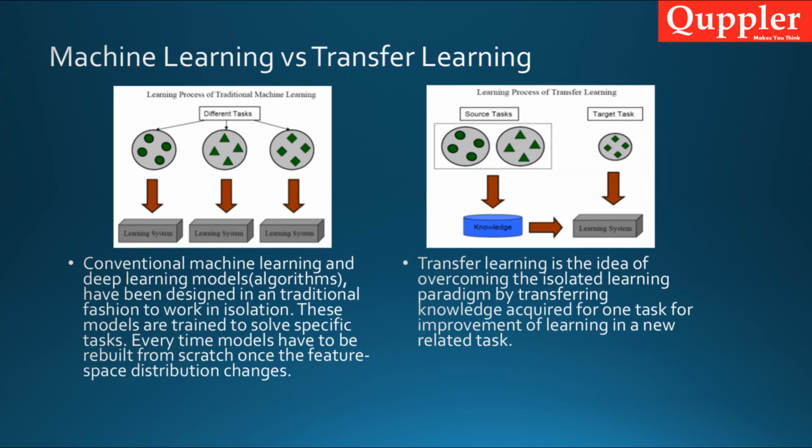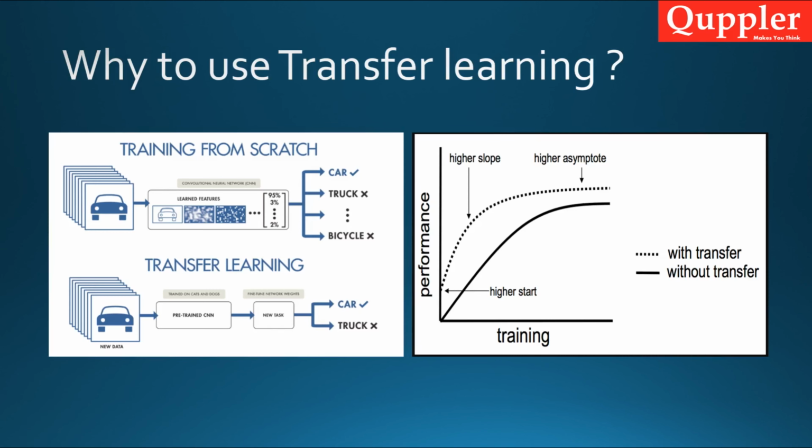And this also shows in terms of accuracy and performance. For example, for the machine learning task, if I train my model to learn only cars, it will identify only cars.